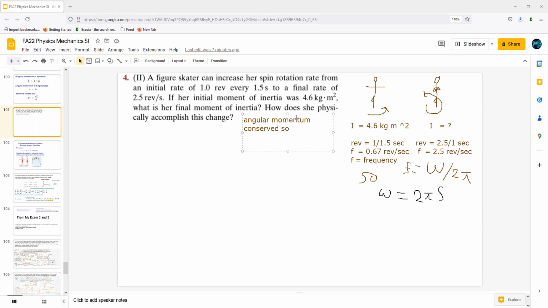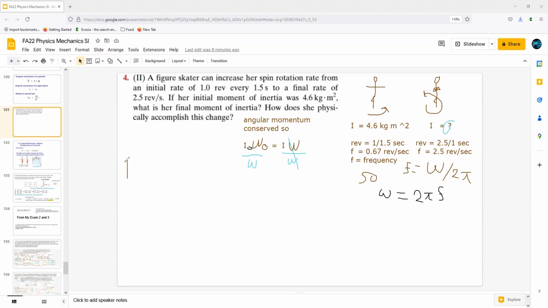It's I omega. So then we know that, if we divide this omega over, it cancels this one out. And we can solve for I, which is what we're solving for, right?